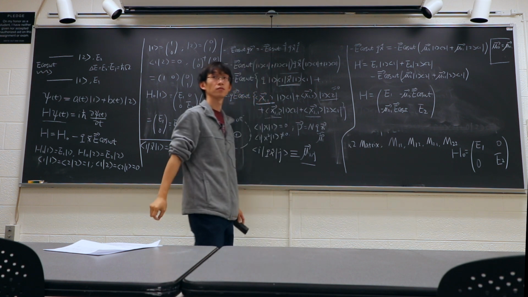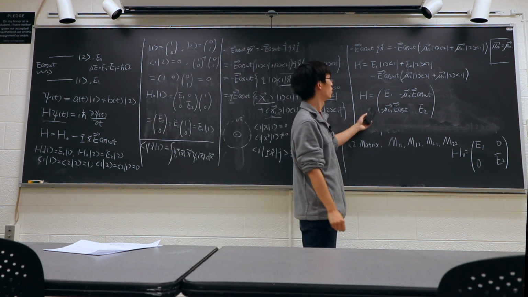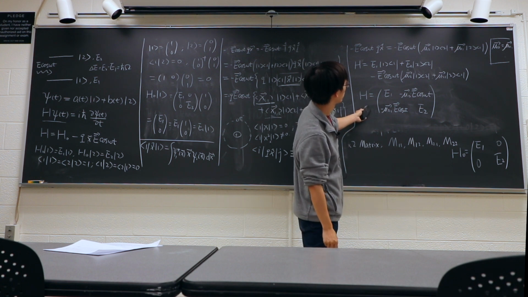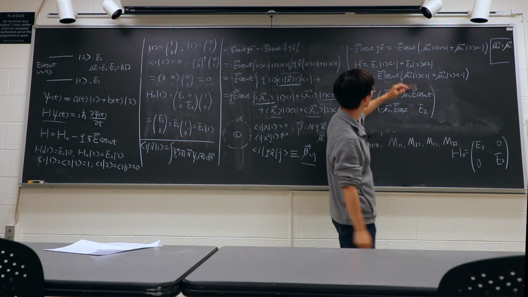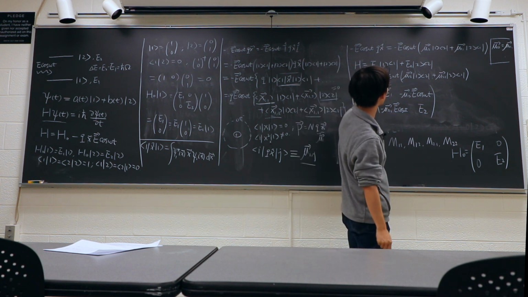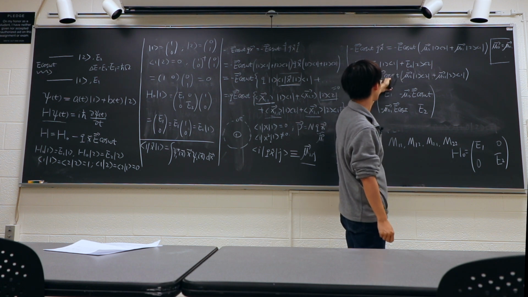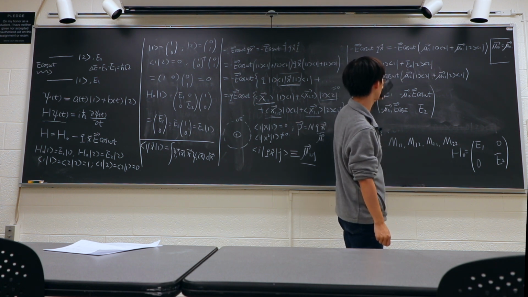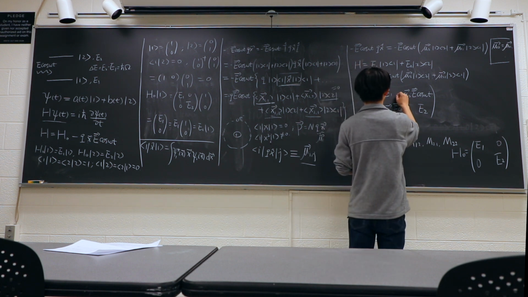So this is how we write down the Hamiltonian in the space. We call it the space, or Hilbert space, created by the eigenvectors 1 and 2. Okay. And we can express this space in a matrix form.